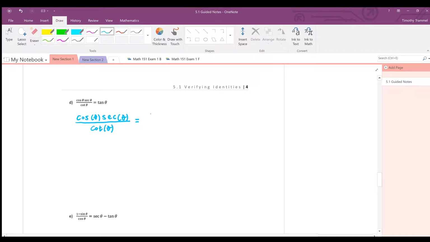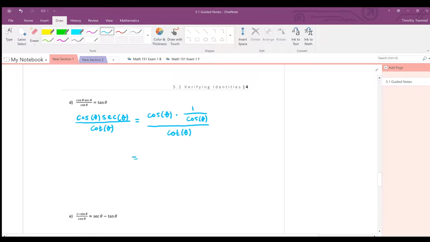If we were to take that secant of theta and rewrite it as 1 over cosine theta, and maybe you want to rewrite cotangent of theta right now, but you don't have to. I could leave this as cotangent of theta for a minute.